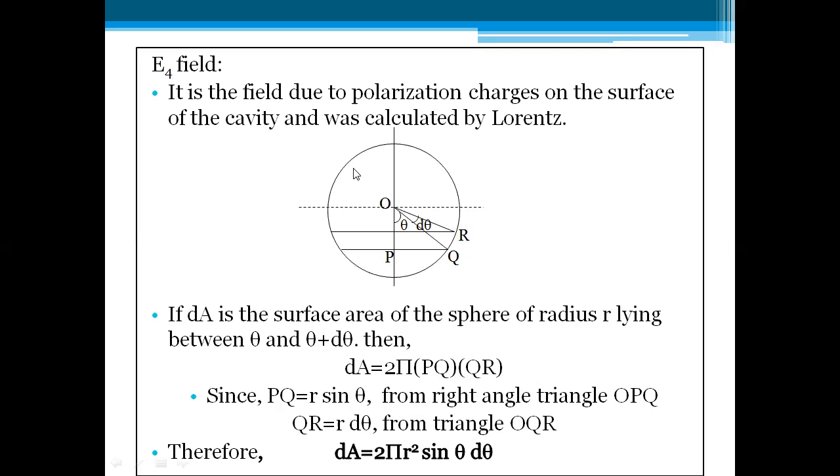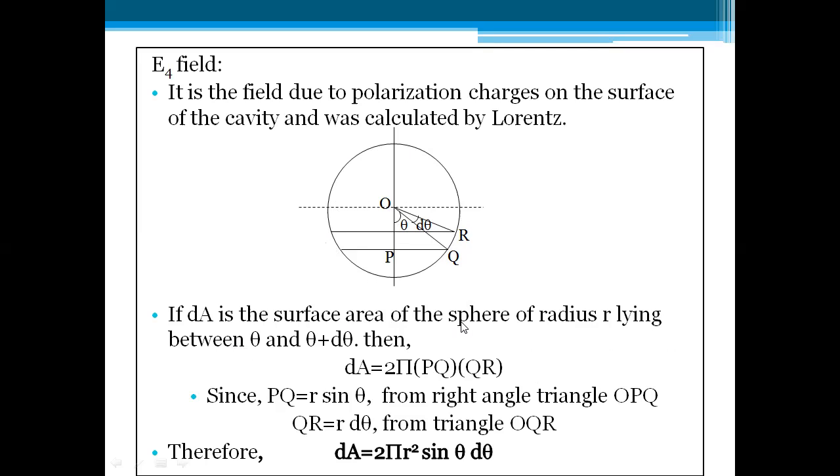E4 is the field on the surface of the cavity. To derive this, let us consider a cavity of radius r around an atom A. Let us calculate the small area dA over the surface of the cavity and integrate it for the complete sphere.